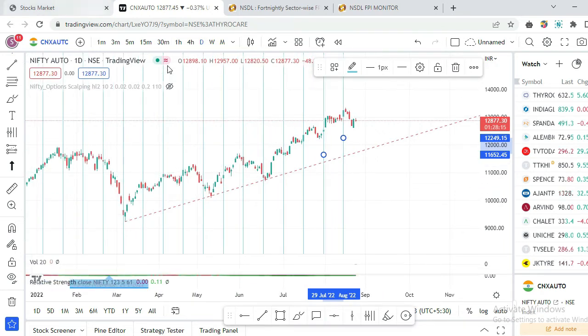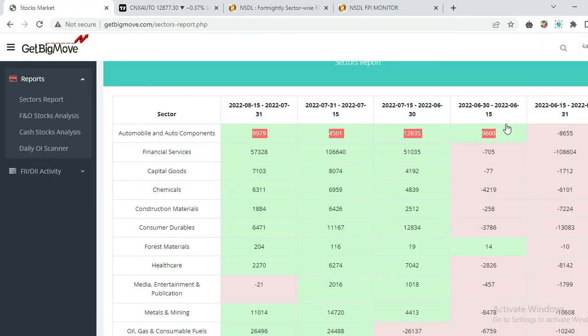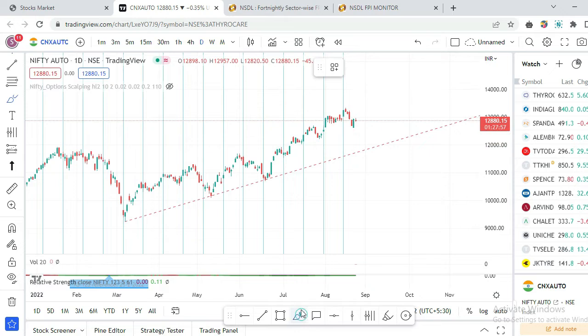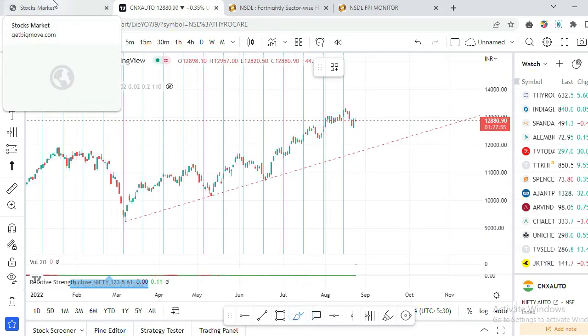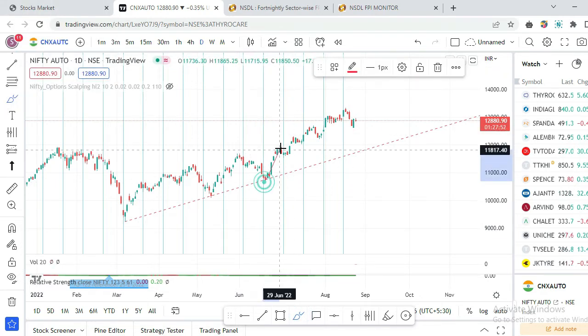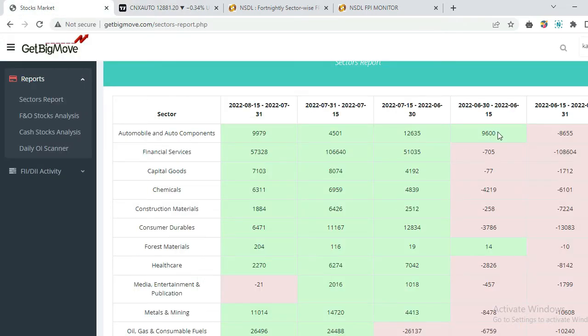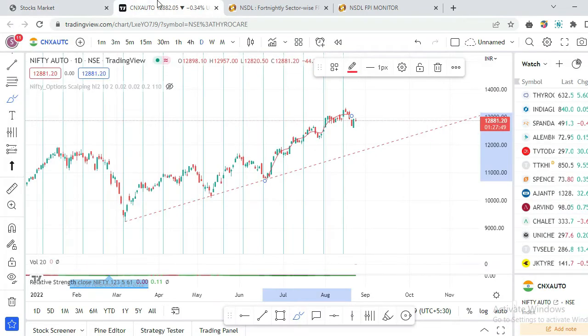Now you see, from 15th June, the day the data came, there is an increment, and our data is also saying that money is being pumped into the automobile sector. It's beautiful data.